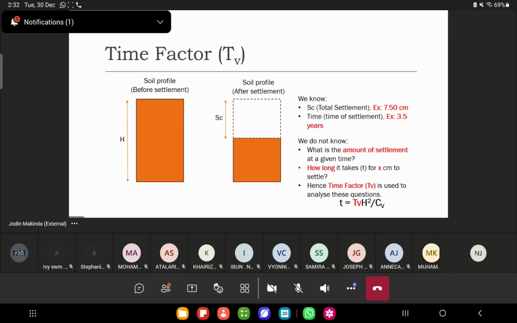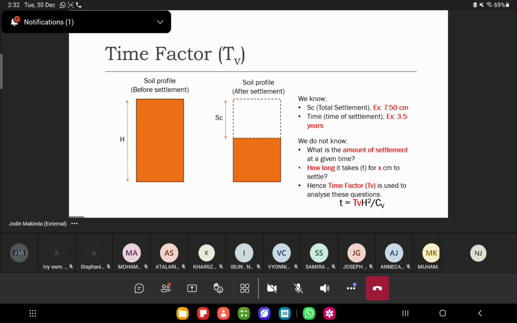Yeah, we know how to calculate the total settlement, and we know also how to calculate the time it takes for the settlement. For example, 3.5 years. Total settlement, for example, 7.5 centimeter, so on. Okay, this is the total settlement. But what are the things that we do not know so far?